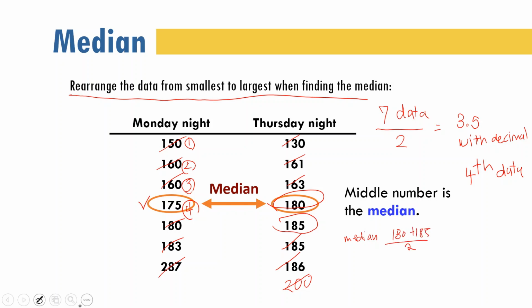In this case, you have 8 data. 8 data divided by 2, and you get 4. This 4 has no decimals. If you have a result with no decimals, that means you have to use the 4th data plus the 5th data divided by 2, which is 180 plus 185 divided by 2, and you're going to get the median of the 8 data.